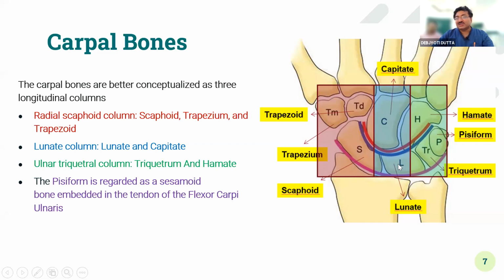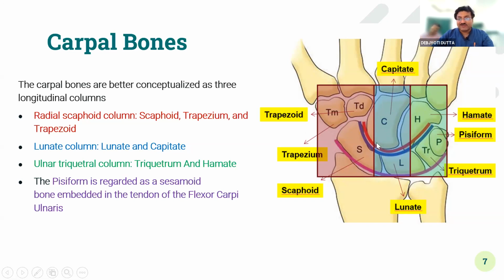The tip portion of this lunate is slightly superficial to the other bones, so we will be able to see a prominent lunate bone. Then in the distal part we have 4 bones: trapezium, trapezoid, capitate, hamate. Here in this portion we will be able to see a prominent hook of hamate. We will be able to see the pisiform as well.